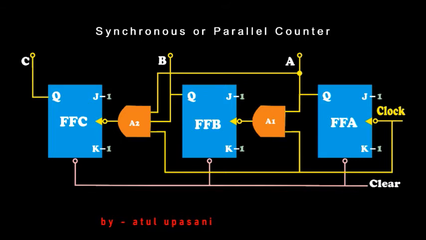If you see the circuit diagram, flip-flop A gets the clock pulse directly.